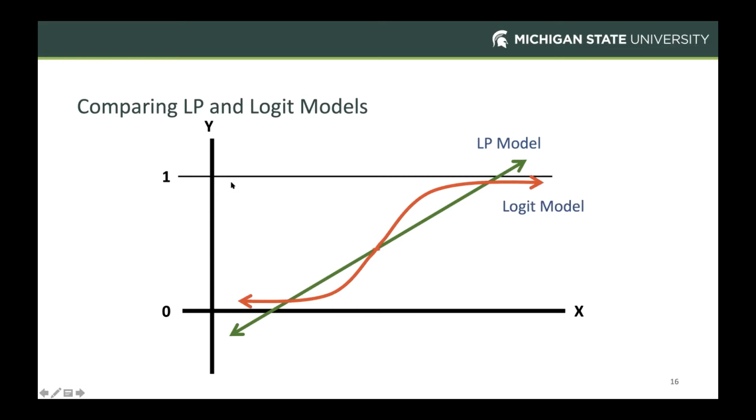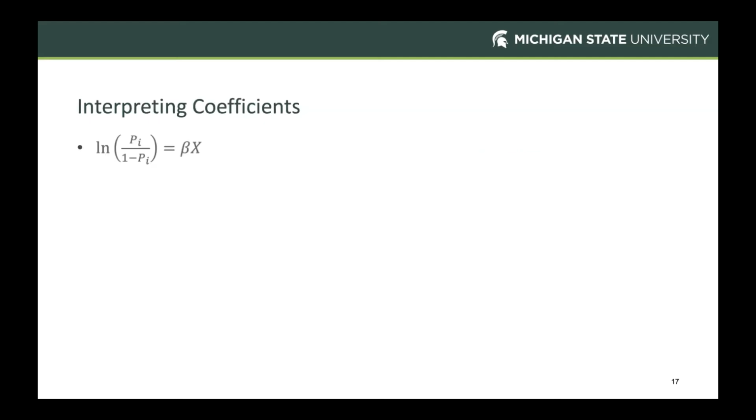So it may be very likely at small values of x and very unlikely at large values of x, but we would see that same general S curve as opposed to the linear model. And so obviously, if we think about the points being clustered along these respective models, the red line or the red graph is going to fit those data much better than the green in this instance, okay?